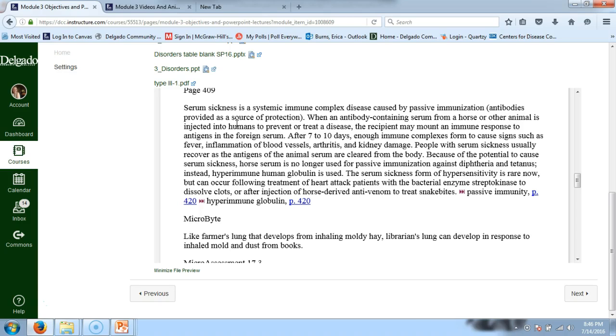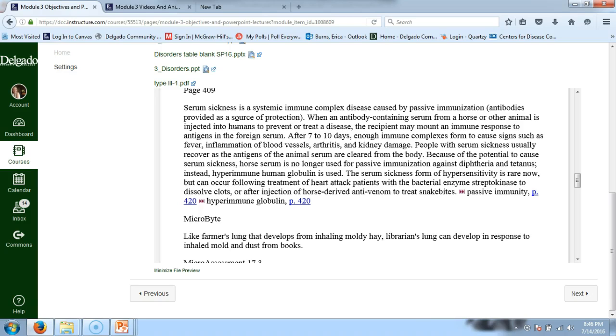But sometimes, if it's from another source, like I think they actually do this in pigs now, again because of that close relationship, so we don't get a reaction. But in the past, horses are hyperimmune to venomous snakes. They'll actually get bit by a venomous snake and they'll be fine. It won't kill them. And they'll produce antibodies against it.